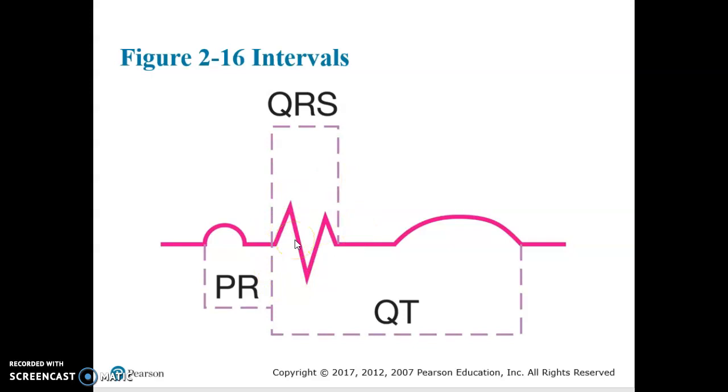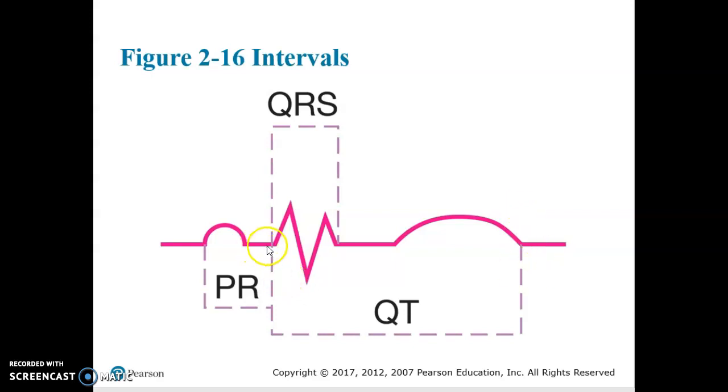Now we're going to talk about the QT interval. The QT interval starts at the Q and ends at the T. The QT interval measures depolarization and repolarization time of the ventricles. So how long does it take the ventricles to depolarize and repolarize? The depolarization happens, and how long does it take them to get through the repolarization process?